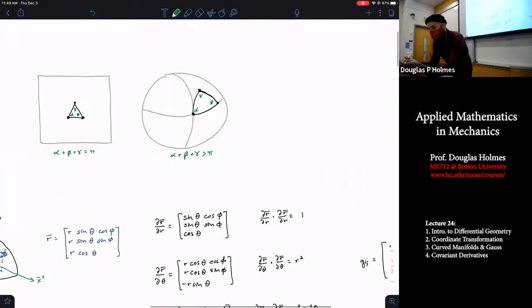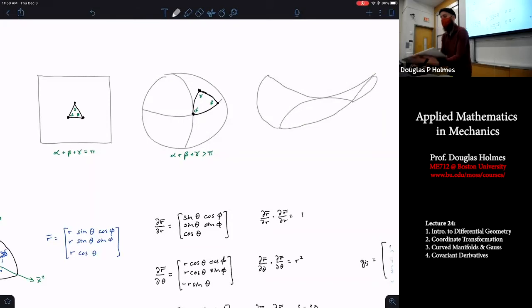And similarly, if I draw myself a saddle or a negatively curved surface, and I take 3 points on this surface and calculate the geodesics between these points, they curve kind of like this.